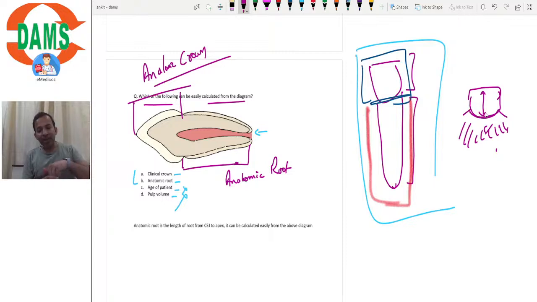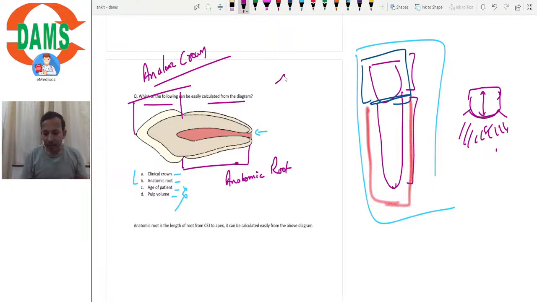So with age, as the tooth erupts into the oral cavity, be it supra eruption or post eruptive movement, whatever it is, as the tooth keeps on erupting, the clinical crown will appear more and more, and the clinical root will reduce, isn't it?